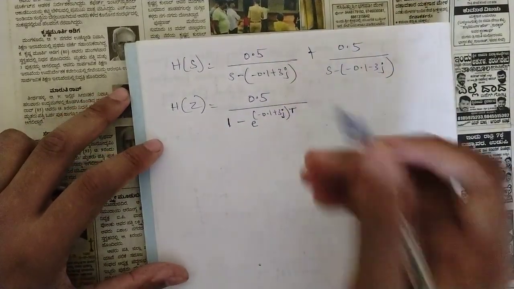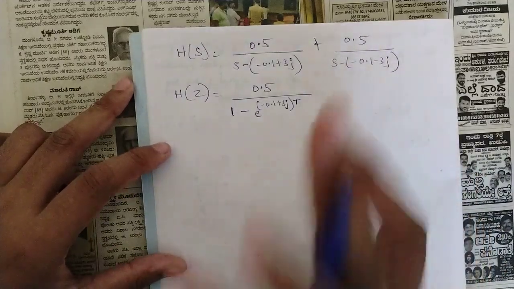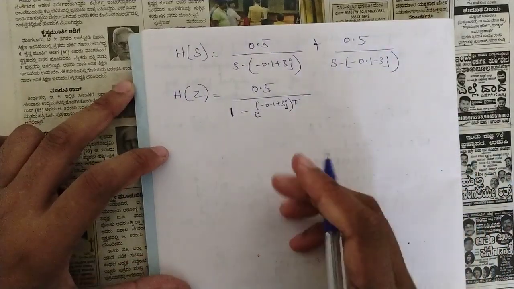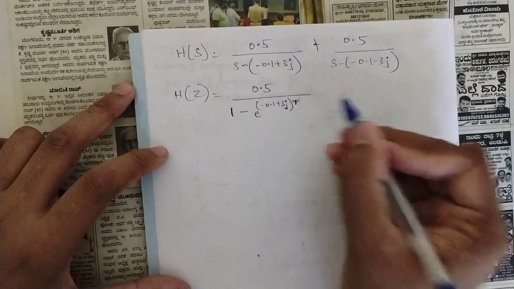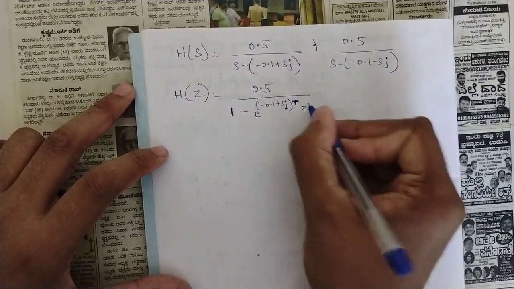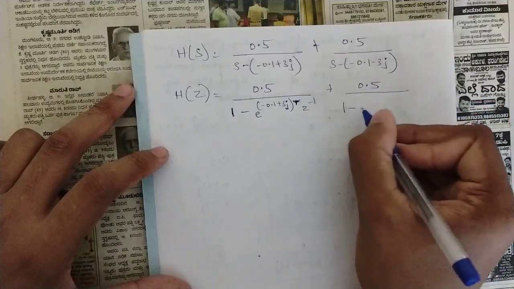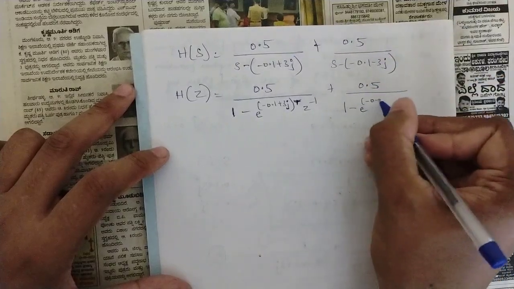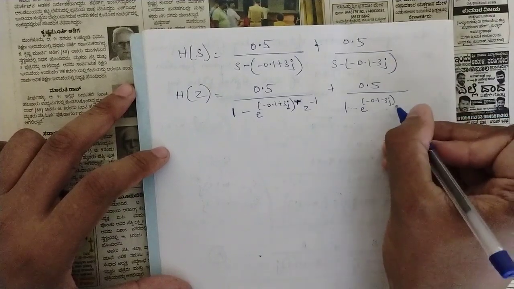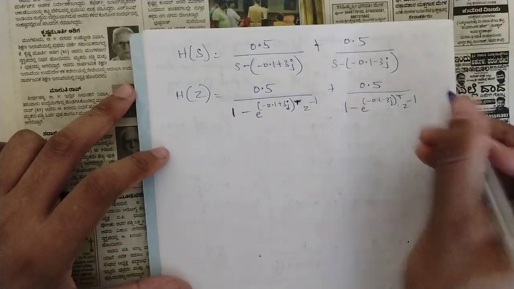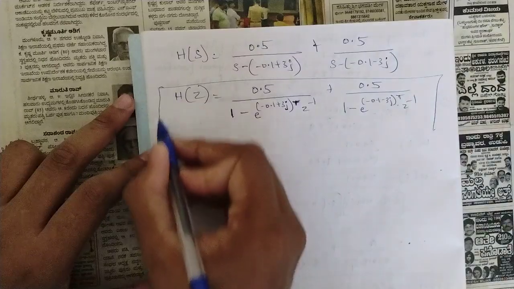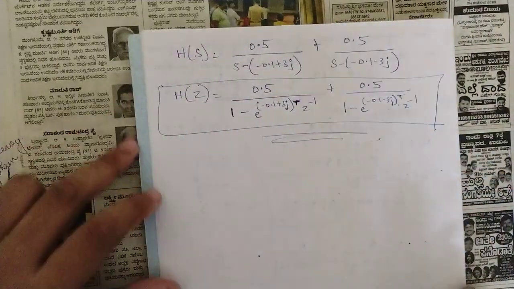Whenever they give it, you should be substituting the value of t and simplifying it. Okay, whenever they don't give it, you should be writing t as it is, into z inverse, plus again 0.5 divided by 1 minus e to the power minus 0.1 minus 3j t z inverse. So this would be our final answer in z plane.